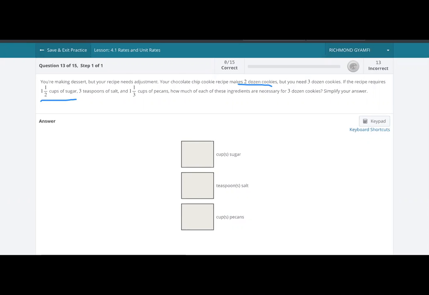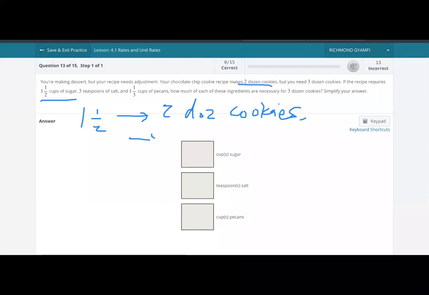So if we are looking at sugar, we know that 1½ is for the 2 dozen cookies. We know that, right? But what I need is for 3 dozen cookies. I don't know the amount, so I have to find that.